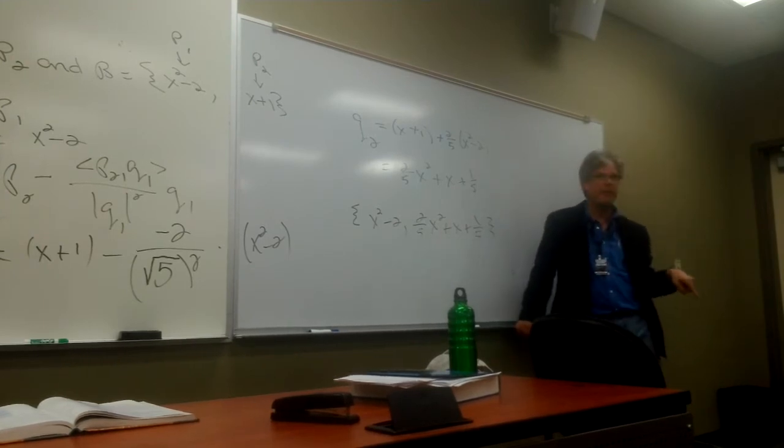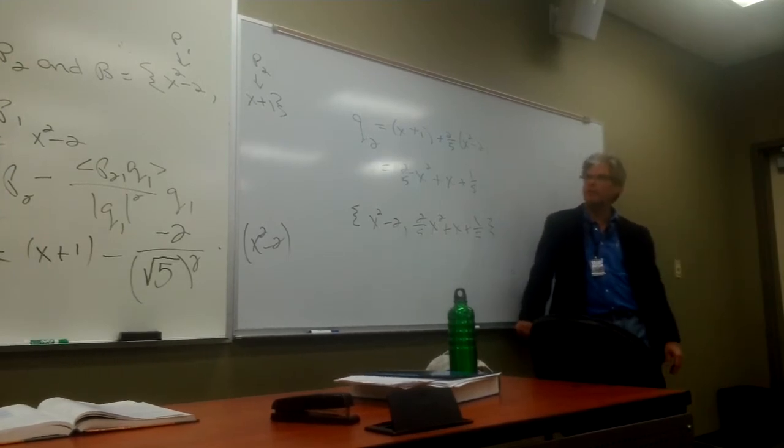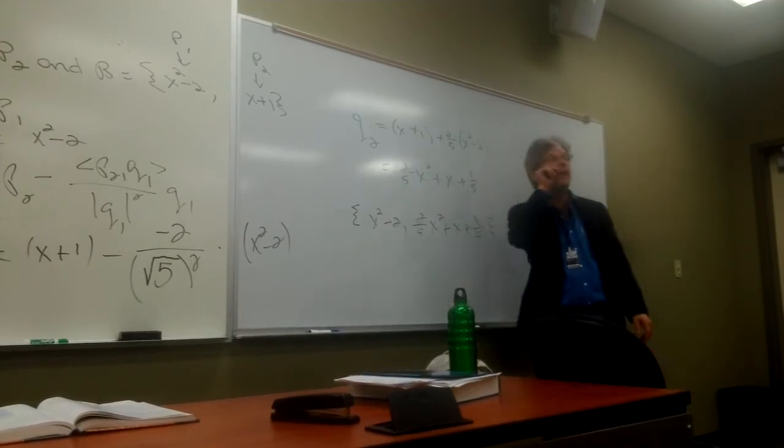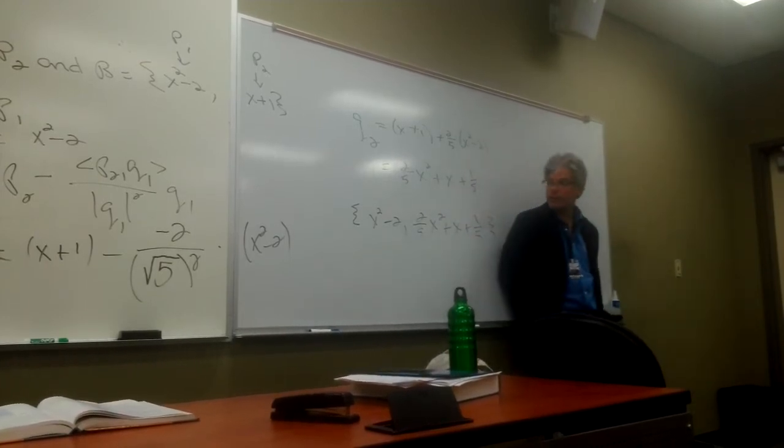So 2/5 minus 2/5 is equal to 0. So I think these two elements of the vector space P2 are indeed orthogonal relative to my standard inner product on P2. Do you guys agree? Yes.